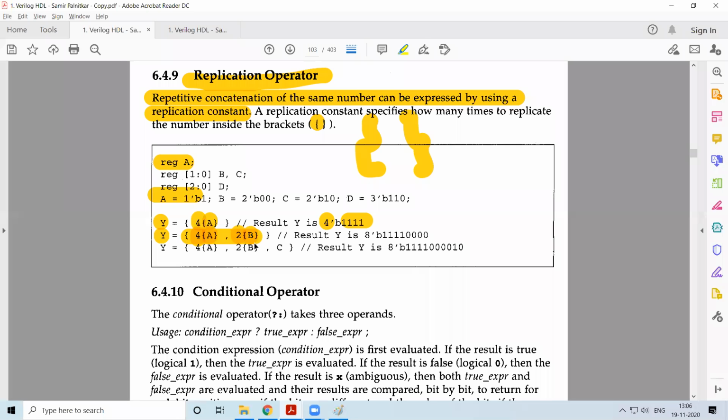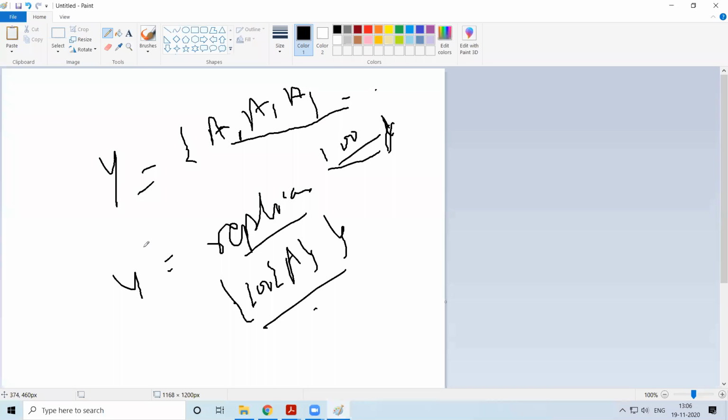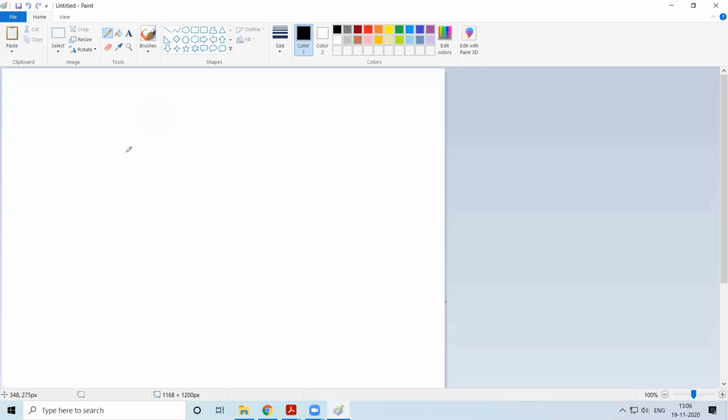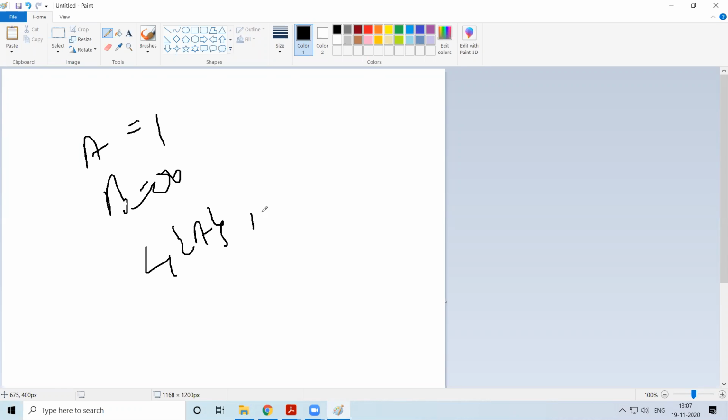Here we have 0 0 in B and 1 in A. So what it is specifying is that A has to be repeated 4 times, and this has to be concatenated with B, which is repeated 2 times.